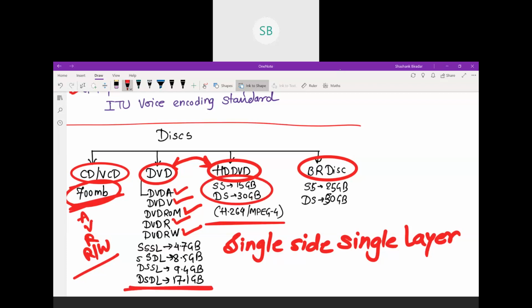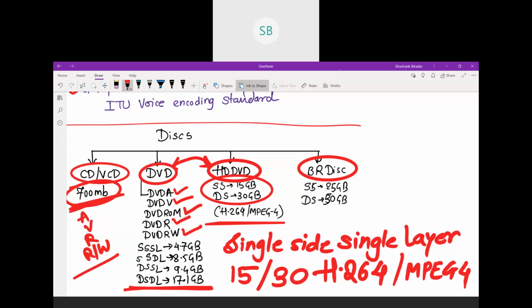But as far as HD DVDs are concerned, for single side 15 GB and double side 30 GB. And the most important fact is that the video codec that has been used as far as HD DVDs are concerned, that is H.264 or MPEG 4.